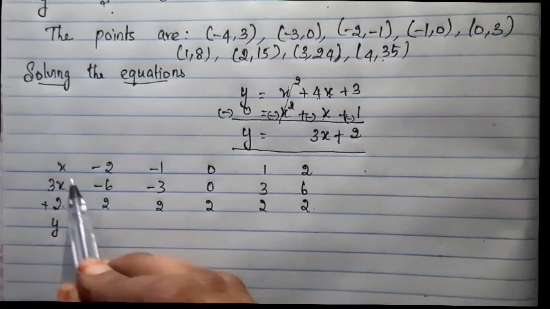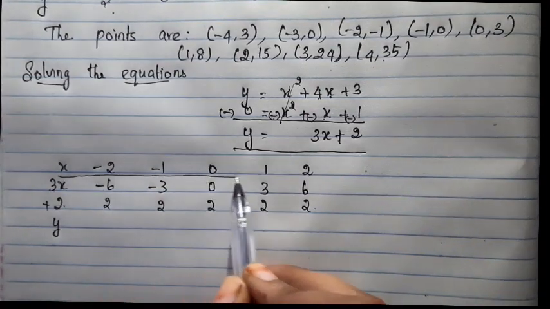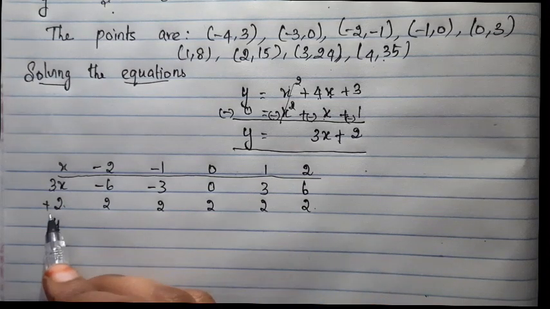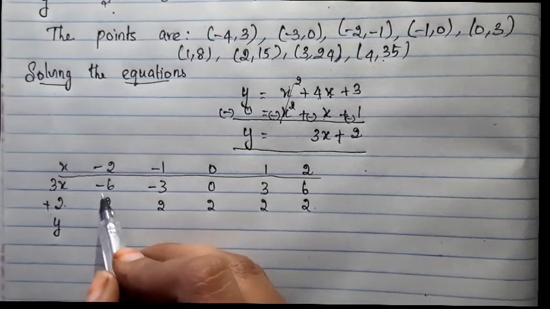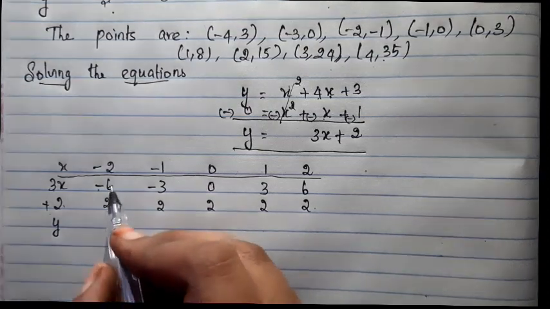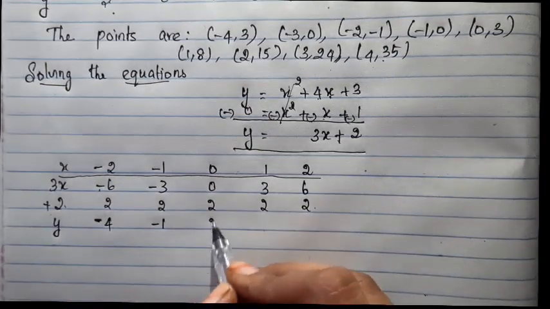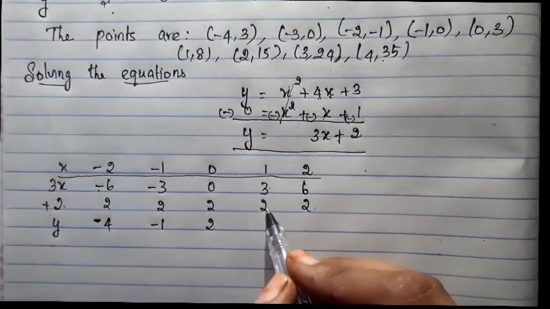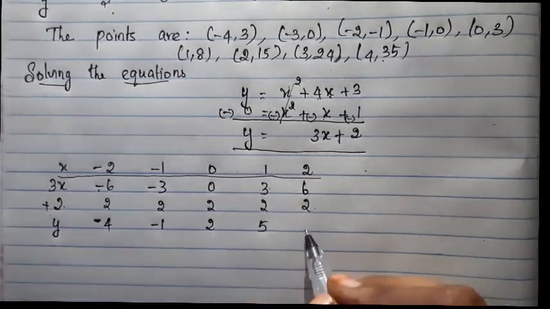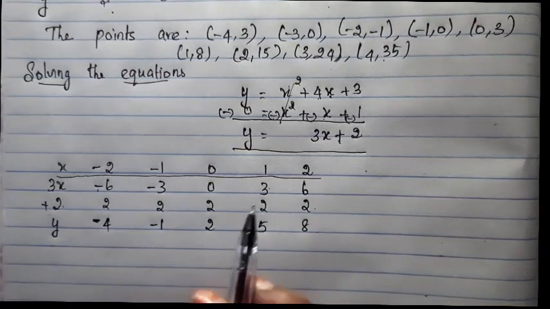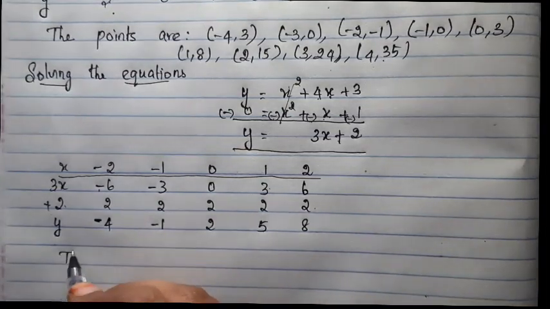Now after solving these two terms, x value is separate, y value is separate. You will get the corresponding y value. So solve it, minus 6 plus 2, so you will get minus 4. Then here minus 3 plus 2 is minus 1, 3 plus 2 is 5, 6 plus 2 is 8. So from this table, we got some points.